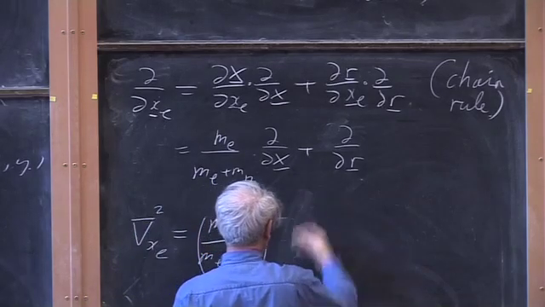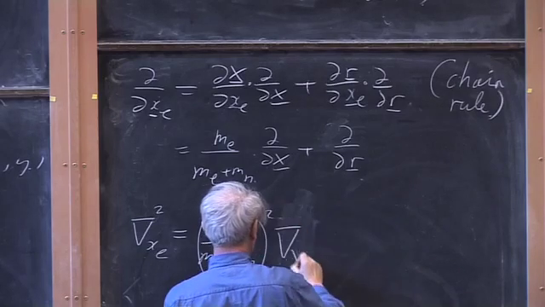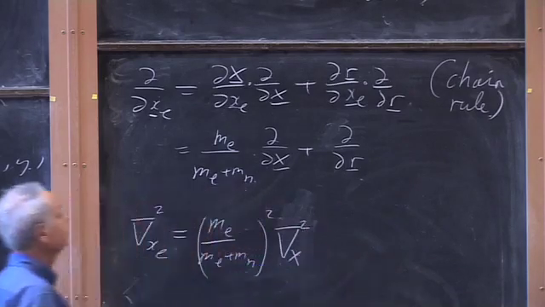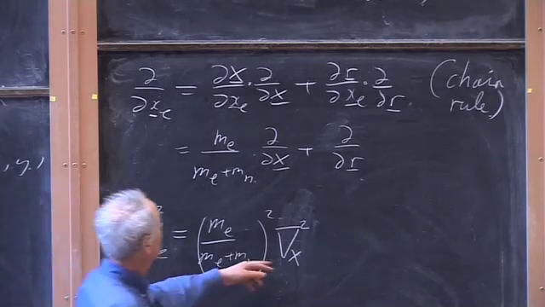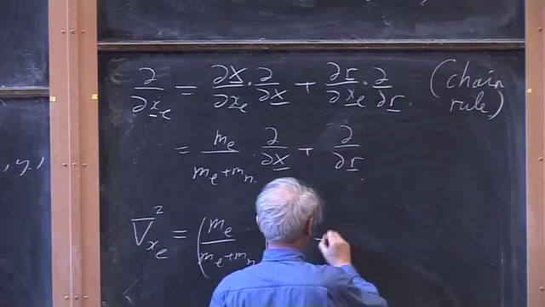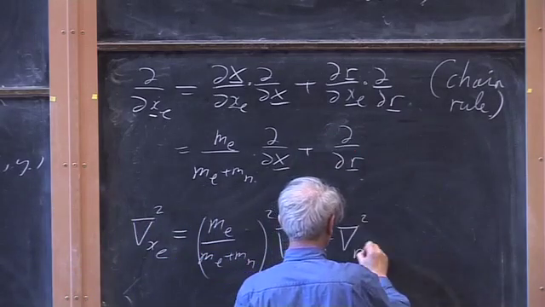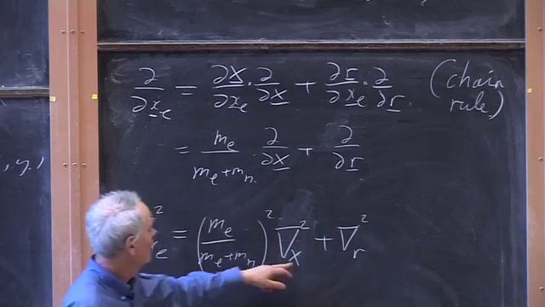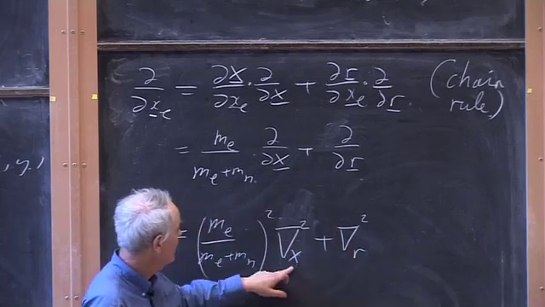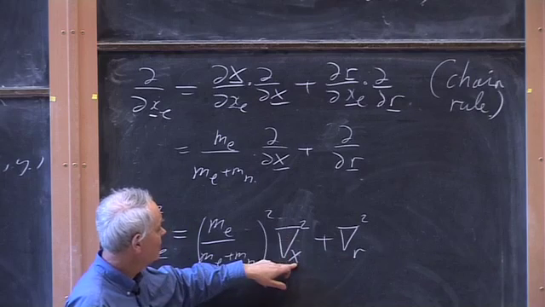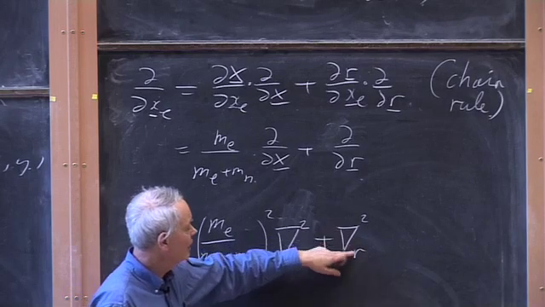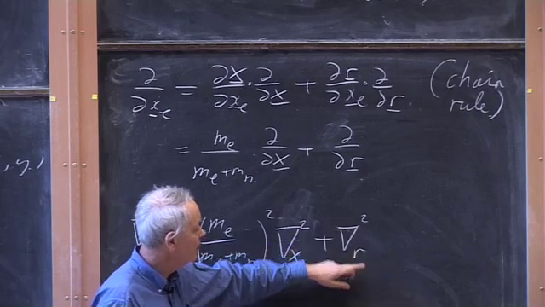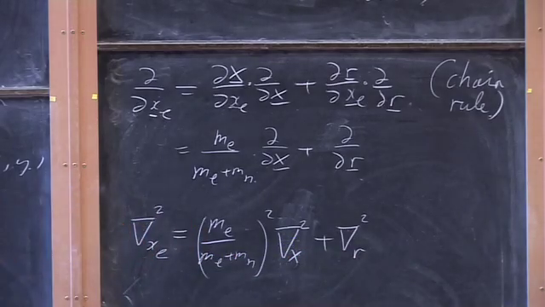Well, we can write that more handily as del squared with a big X, I think more clearly. And then we get this thing squared plus del squared with respect to r, where we're talking about the components. Here's the usual expression for del squared, but using the components of big X. Here's the usual expression for del squared, but using the components of the separation vector r.